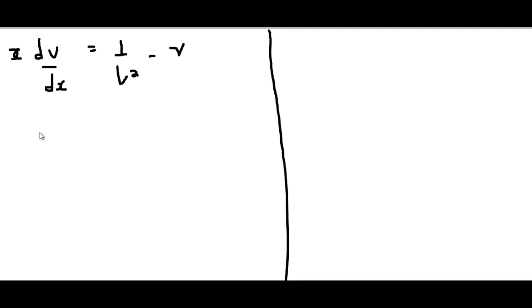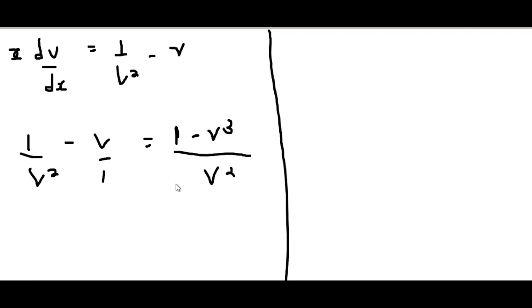So we first work out this 1 over v squared minus v over 1. Here it's v squared, our LCM will be v squared. v squared divided by v squared is 1, so it will be 1 minus v squared divided by 1 is v squared multiplied by v, it will be v cubed. So our equation will be x dv over dx equals 1 minus v cubed over v squared.